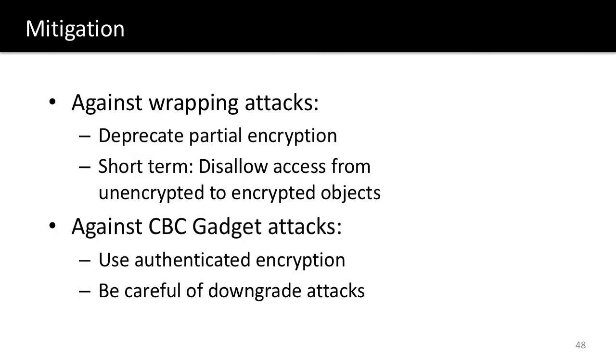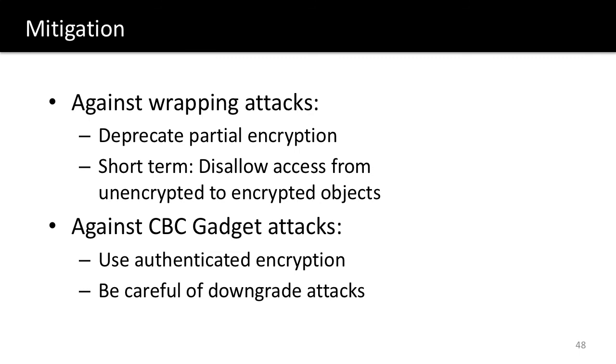So what could we do to counter those attacks? To counter direct exfiltration attacks, we could remove support for partial encryption, preferably in the standard itself. In the short term, implementations could try to implement some kind of mixed content policy for the web and adapt that to their PDF view applications. So unencrypted objects should no longer be able to access encrypted objects.